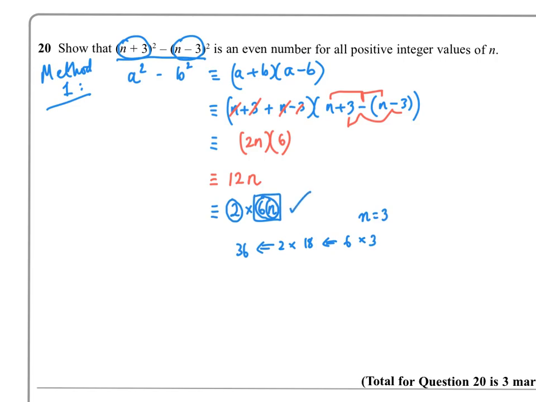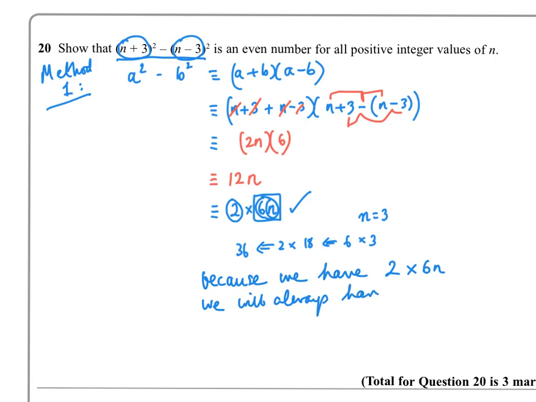So all we have to say is, because we have 2 times 6n, we will always have a multiple of 2 which is even in all cases.